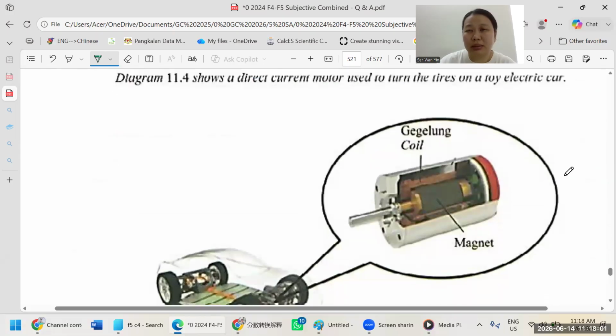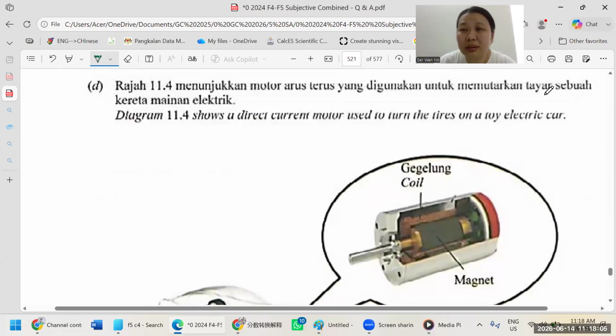Used to turn the tires of an electric toy car.